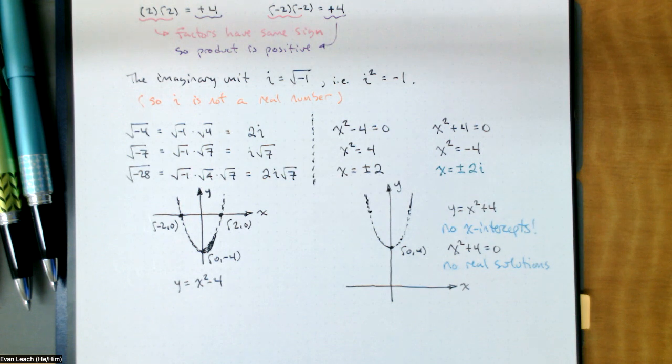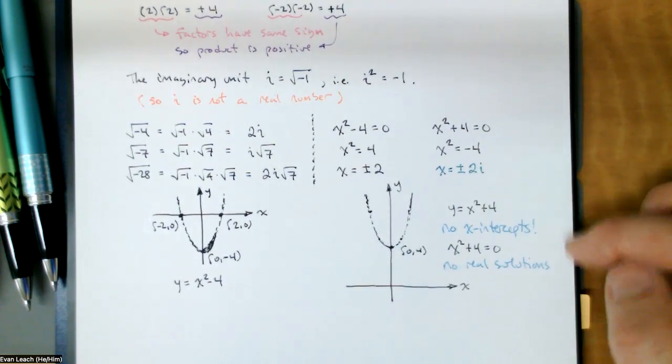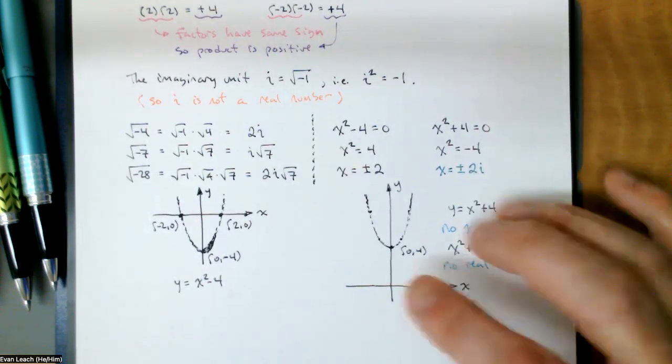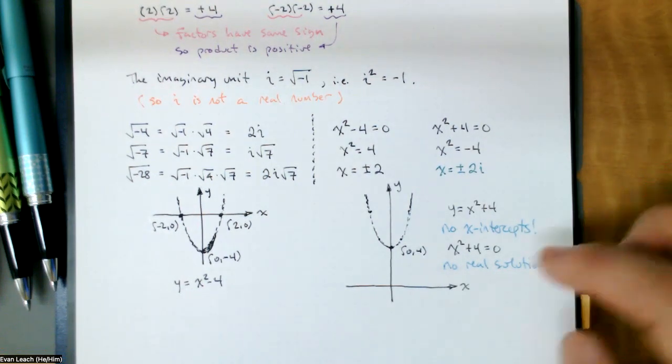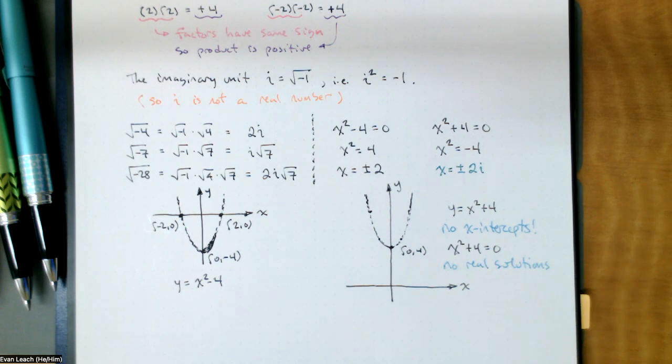So the fact that we were looking at a parabola that did not have any x-intercepts means our equation has no real solution. No x-intercepts, no real solutions. X-intercepts, real solutions.